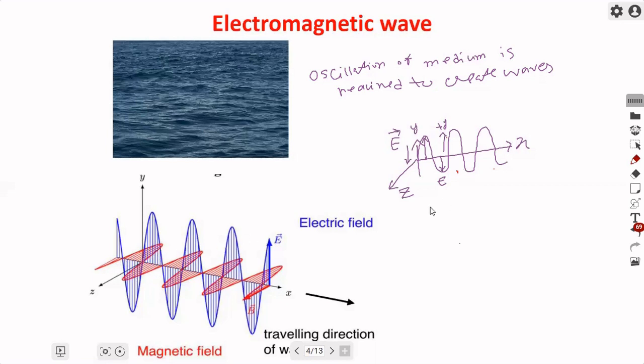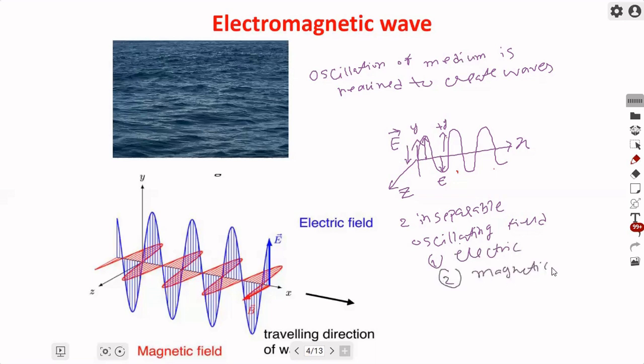So we have two inseparable oscillating fields, one is the electric field and the other is the magnetic field, perpendicular to each other.